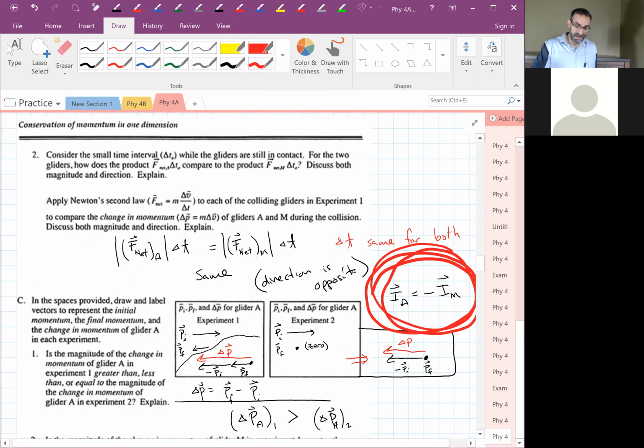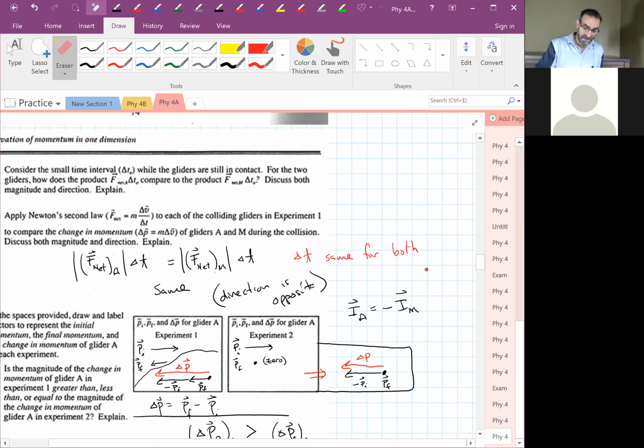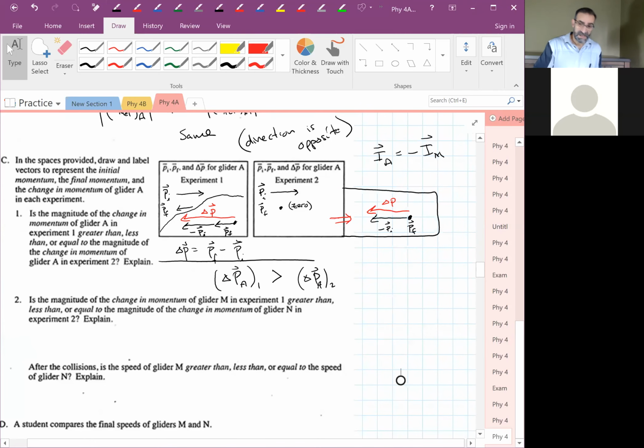Earlier we said impulse on A equals the opposite of the impulse on M. So what is impulse? Change in momentum. If A has a small change in momentum, M has a small change in momentum in the other direction. If A has a big change in momentum, M has a big change in momentum in the other direction. Because the force that is changing A's momentum comes from M, right? That comes from that interaction.